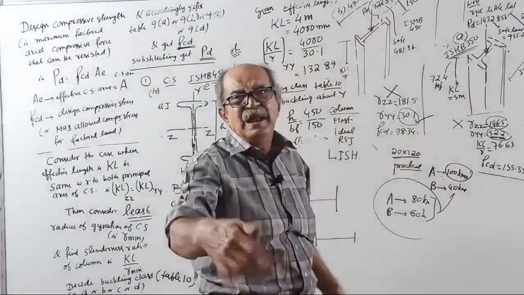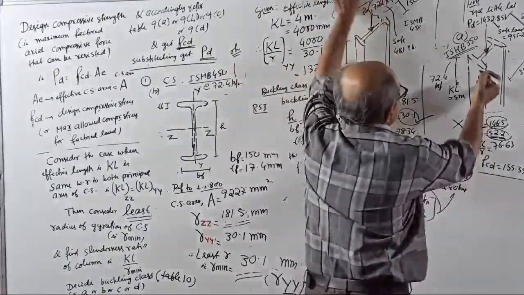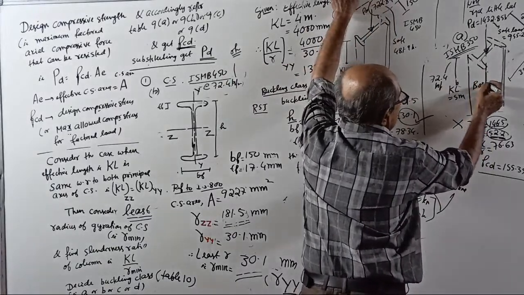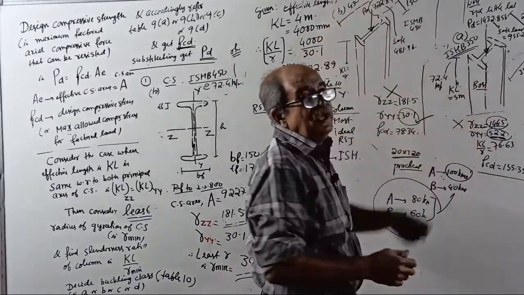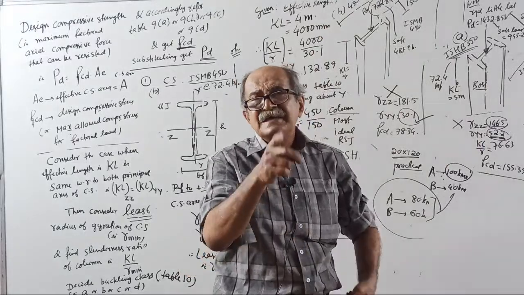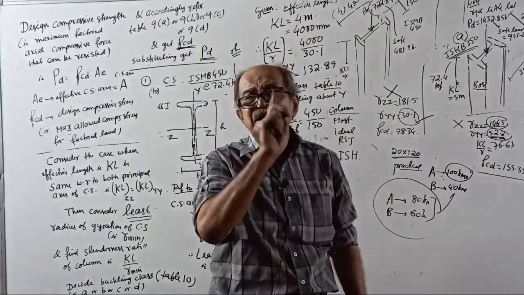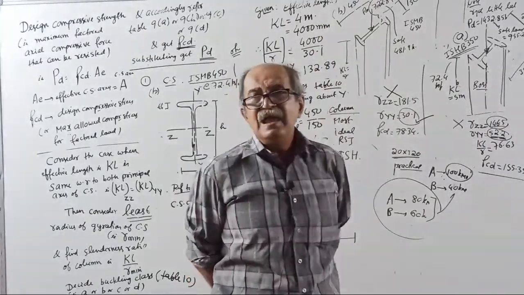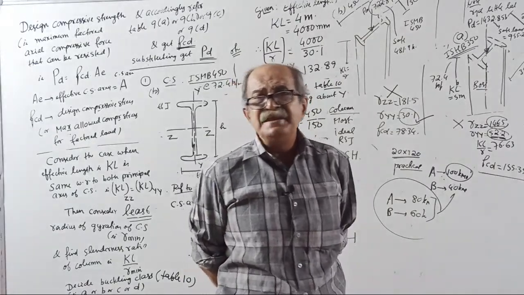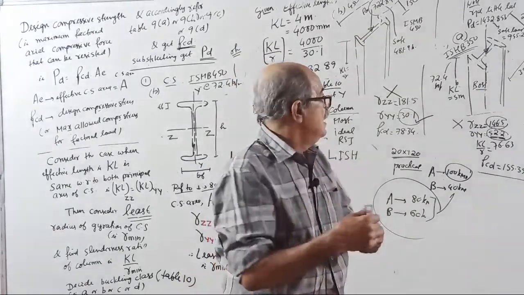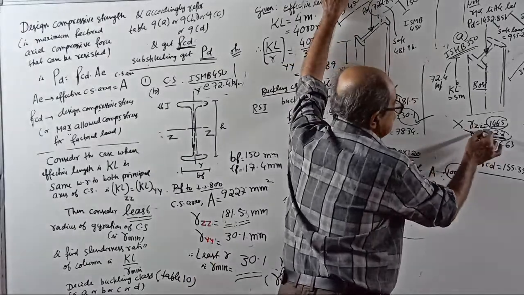You are very, very weak. So ISHB is the boss, and he will laugh at ISMB. But remember, ISMB will take revenge. When? ISMB will take revenge when your RYY is useless.